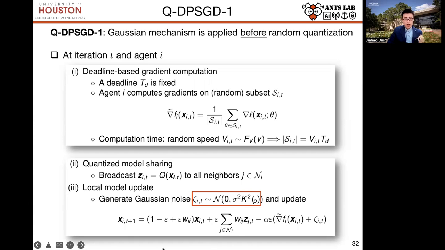After that, each agent uses the previous local model, the context model from neighbors, and also the perturbed gradient to update its new local model x_i,t+1. W_ij here is the communication weight. If agents i and j are not neighbors, W_ij equals 0. And epsilon and alpha here are positive constants, or you can treat them as step sizes.